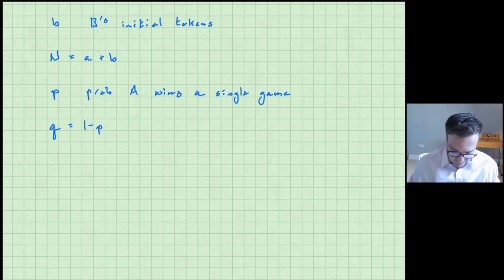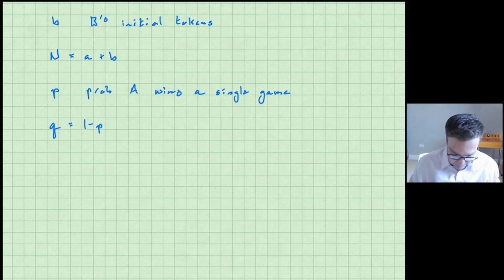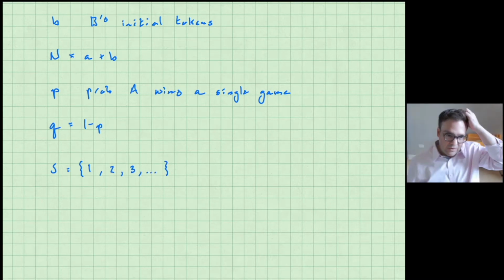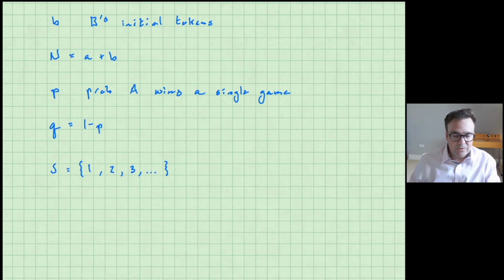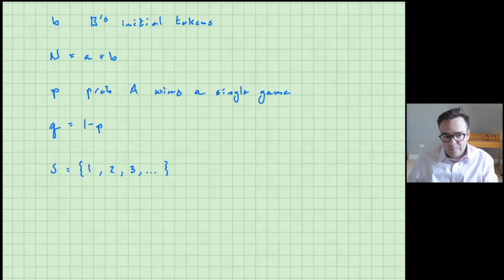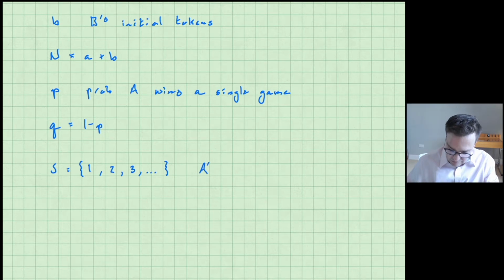We're going to use the following convention that we've been using for the sample space. So S is going to only start at 1, and so it goes 2, 3, and so on. And so this means that the states are labeled by player A's capital plus 1.